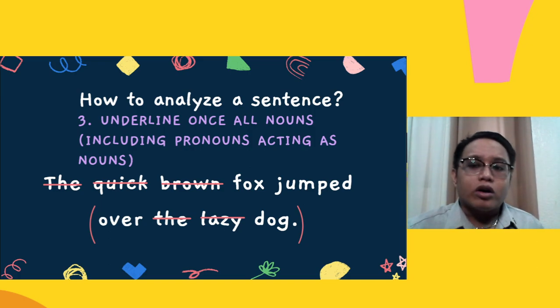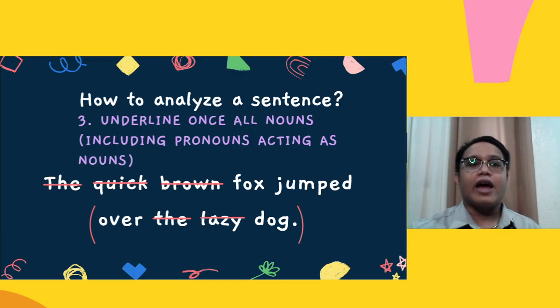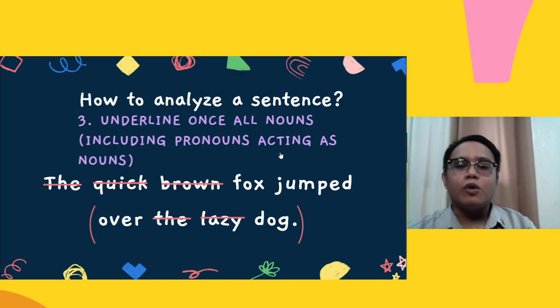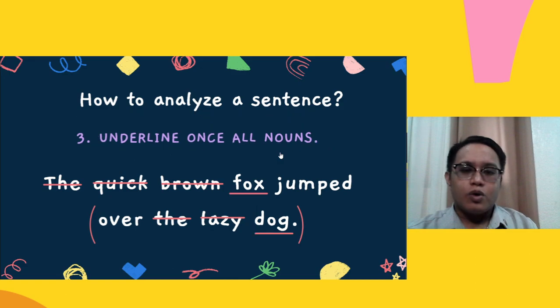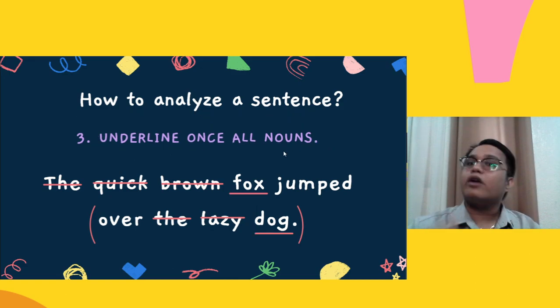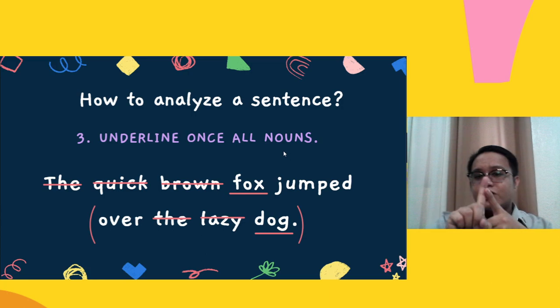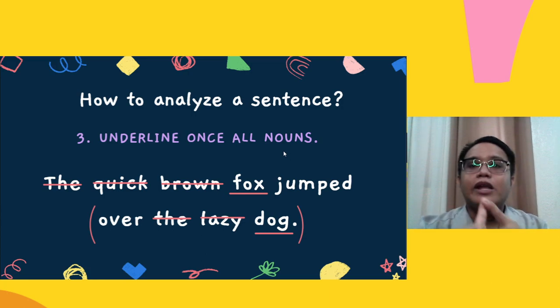How about dog? Is dog a noun? Yes, because it's the name of an animal. So, we underline it. This is how your analysis is going to show. We underline fox and we underline dog because these are the only nouns in this sentence. So, first, we set off prepositional phrases with parentheses.